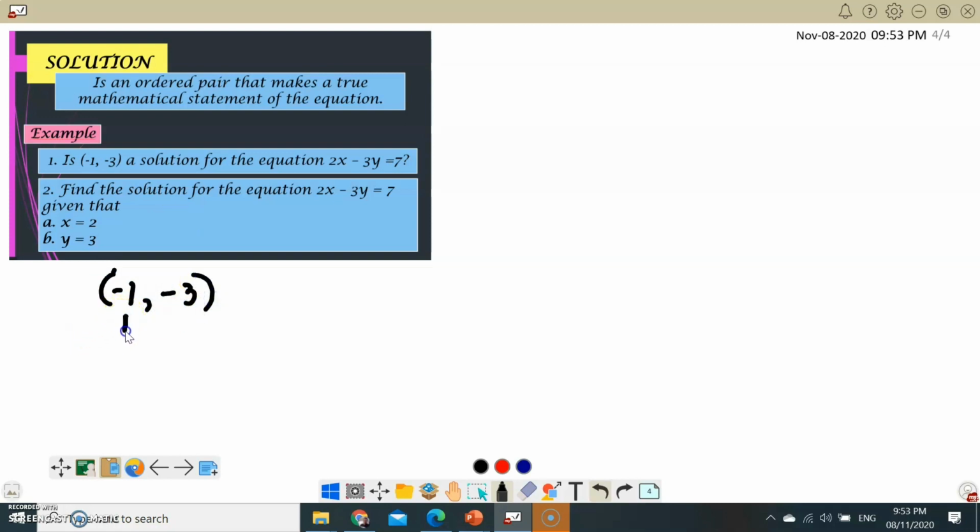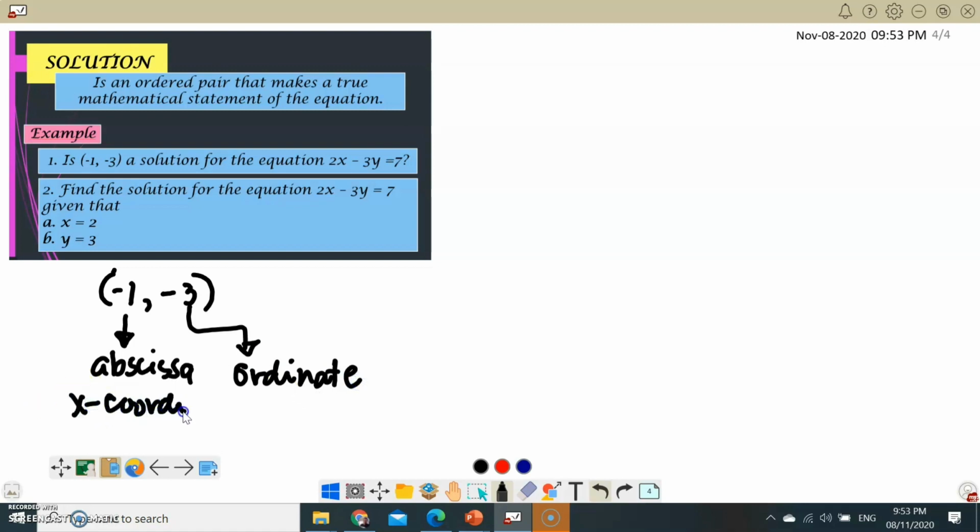Remember, the first number in an ordered pair is what we call the abscissa. And negative 3 here is the ordinate. Abscissa is also called the x-coordinate, and the ordinate is also called the y-coordinate.